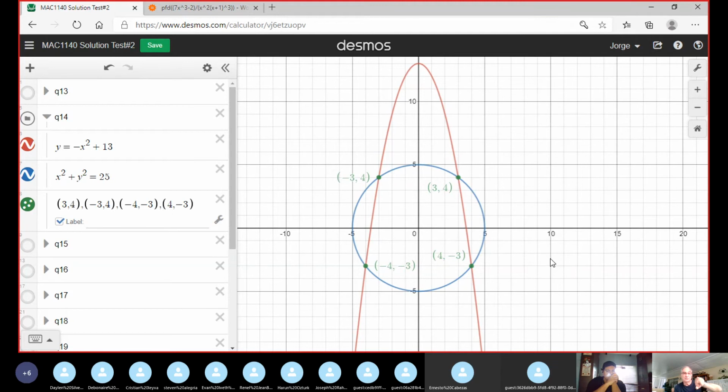So we have the circle. Both are nonlinear equations. The first one is a parabola that opens down because of negative x squared, and the y-intercept is 13. It touches the circle at 4 points. It was exactly the solution that we found. Super.